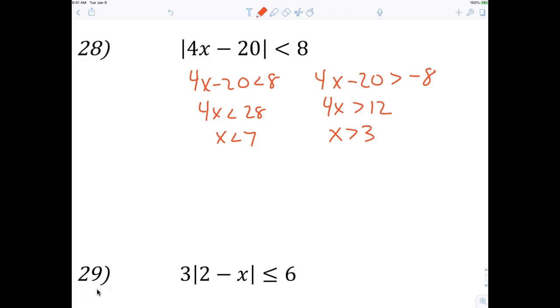Now, are these going in opposite directions or the same direction? Same direction. Less than 7, greater than 3. So you're everything between 3 and 7.